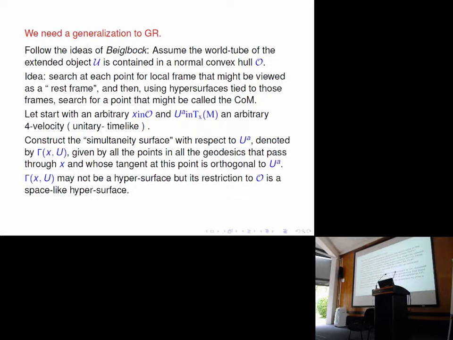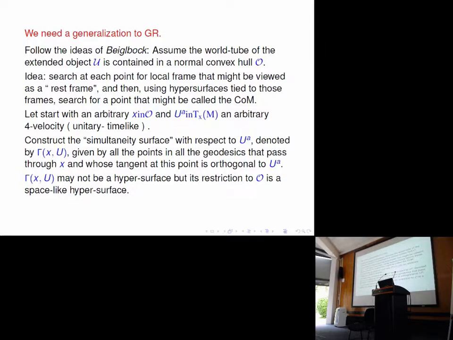Look at the intersection of my world lines of particles with it, take the momenta of these particles, parallel transport them to this point, and add them up, finding out the total momentum of this system as viewed from the point of view of an observer that moves in this 4-direction. That momentum will not in general be in the same direction as I'm moving, but then I look at this as a map from 4-vectors to 4-vectors, normalize this vector, and look for the fixed point of the map.